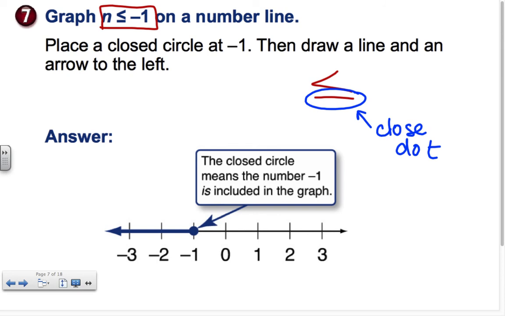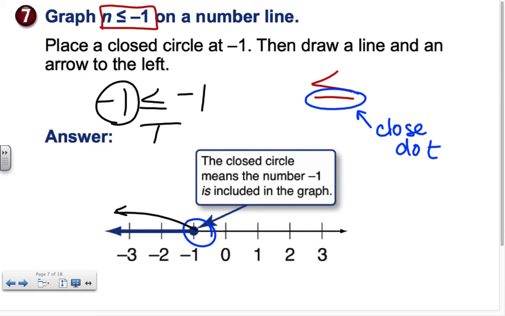The dot here is closed in because you can plug in that -1, and this is still true. So that closed in dot means you can start there, and the arrow is going to the left. You agree that -2 is less than 1, -3 is less than 1, and it keeps going on through the graph. So this is a closed situation when there's an equal sign.